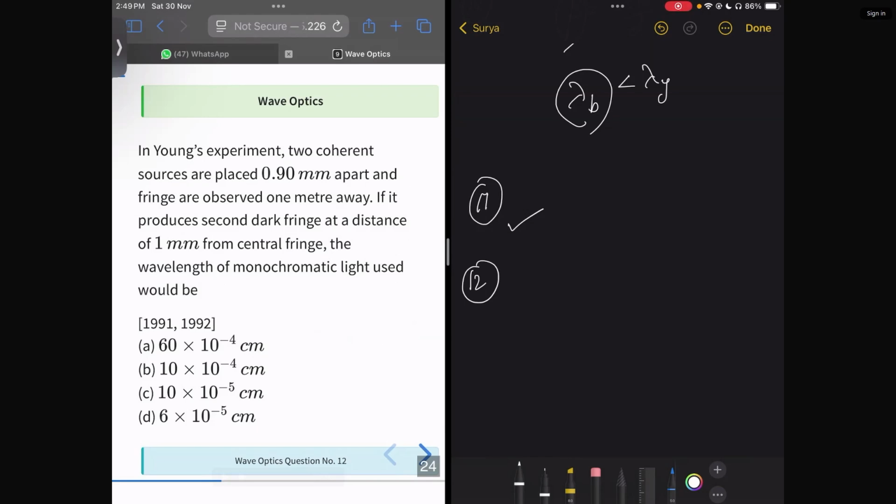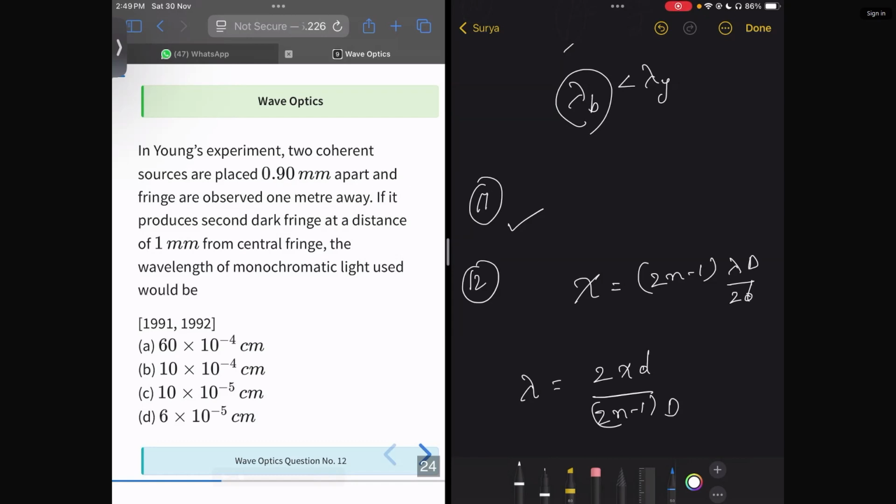What is the wavelength of the monochromatic light? For the dark fringe, x is equal to (2n minus 1) lambda D by 2d. So lambda is equal to 2xd divided by (2n minus 1) D. It is the second dark fringe, so n equal to 2. We have to substitute x and d, which they have given.